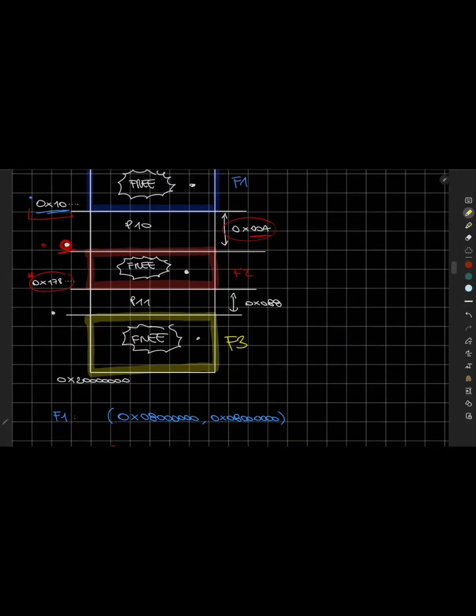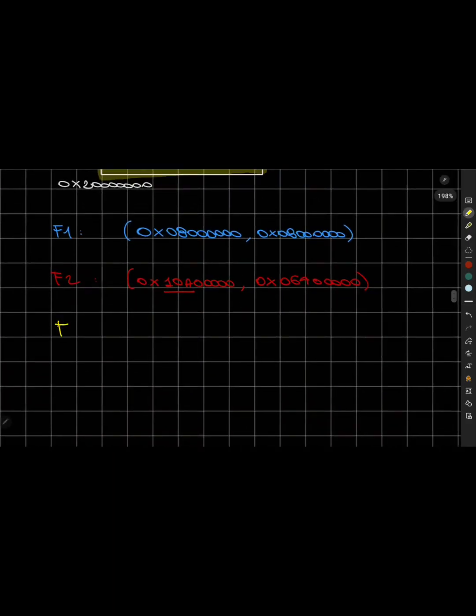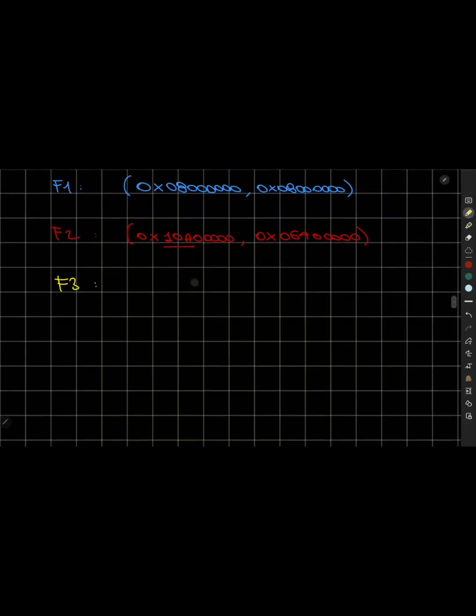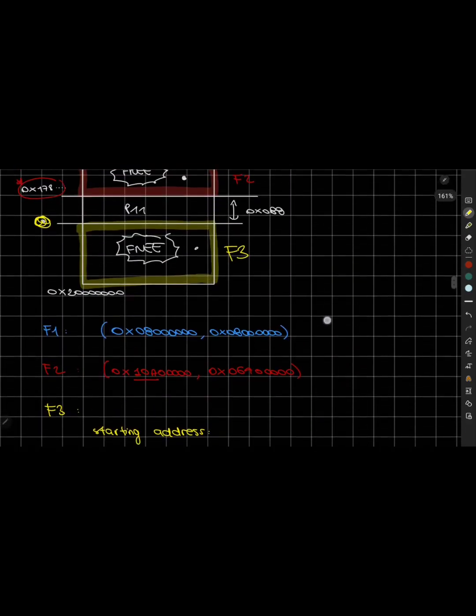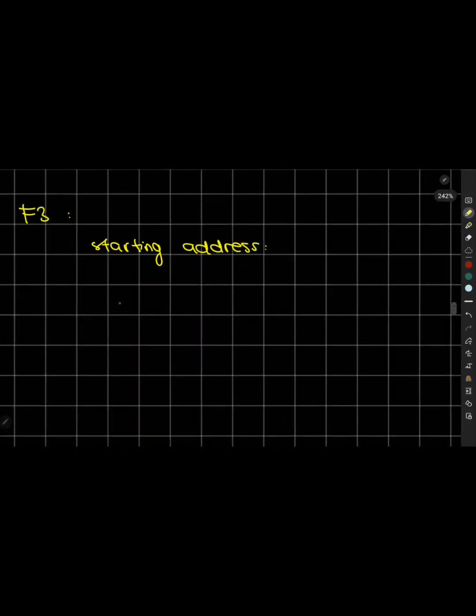In order to do so, I would like to know the very first address, so for F3, the starting address. I'm going to calculate it by adding to this address here the size of the process P11.